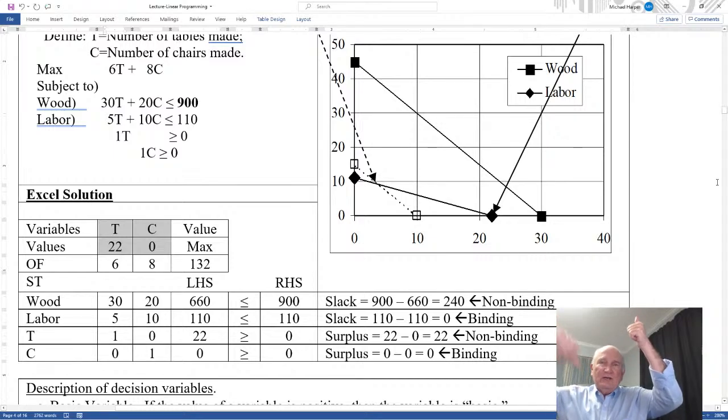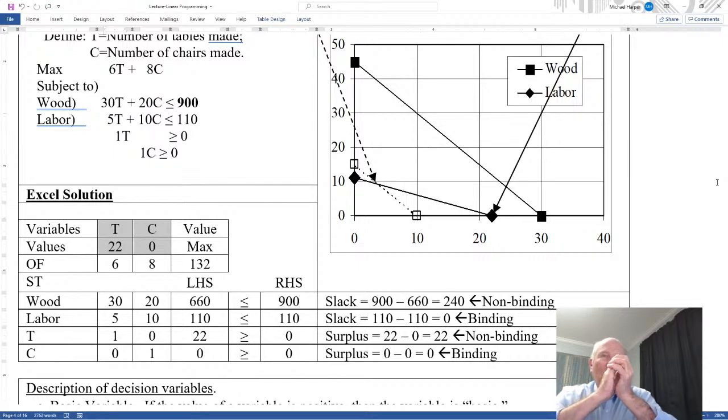Tables went up, chairs went down. So one goes up and one goes down. Tables are wood intensive, so the more wood you have, that supports the production of tables over chairs because chairs use less wood.